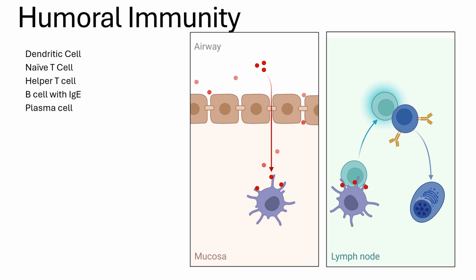But no matter what, the first step is for a pathogen or the allergen to enter into the body. This can happen in a lot of ways. This picture here shows the allergen fitting between the epithelial cells that line an airway, right between those tight junctions.